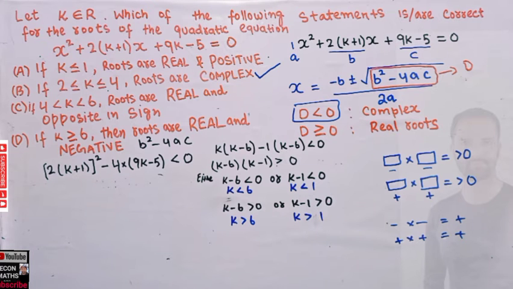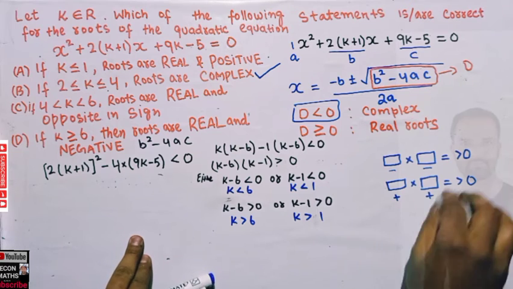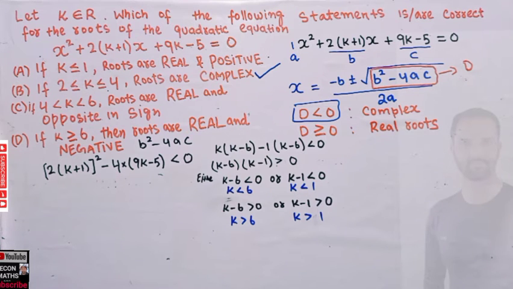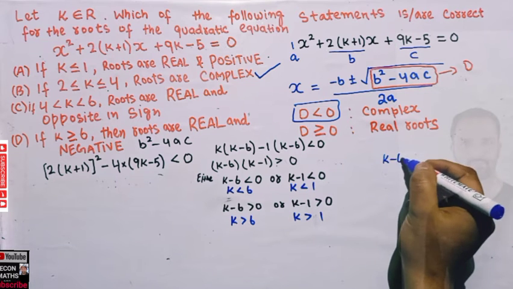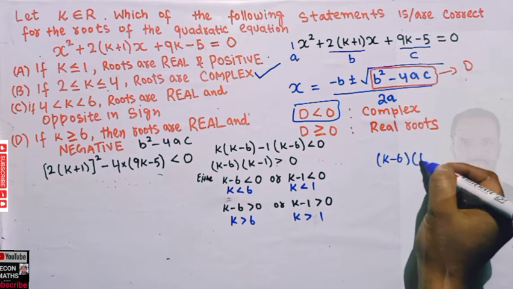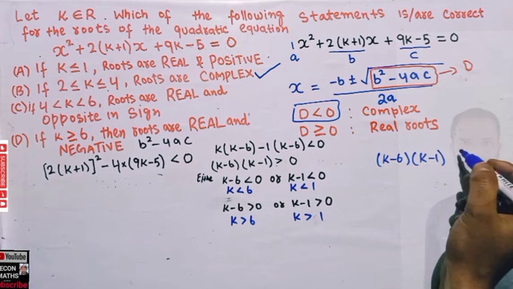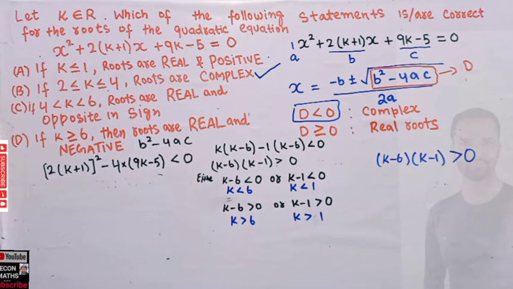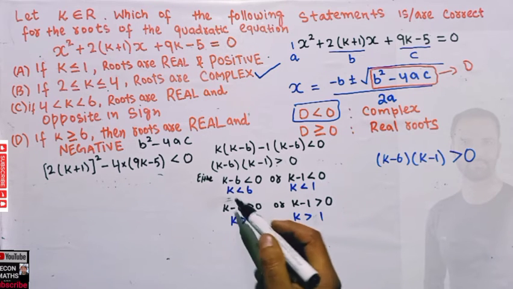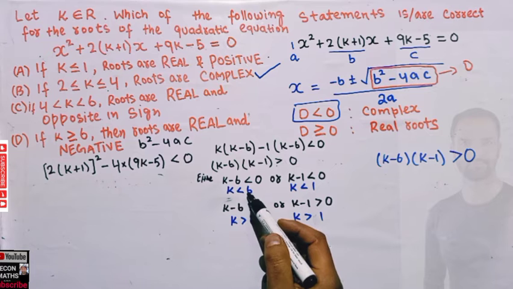Now let's see which of the k's satisfy our relationship. Let me write this again: we have k minus 6 times k minus 1, and I should get a number that's greater than 0. Now let's see for k less than 6.